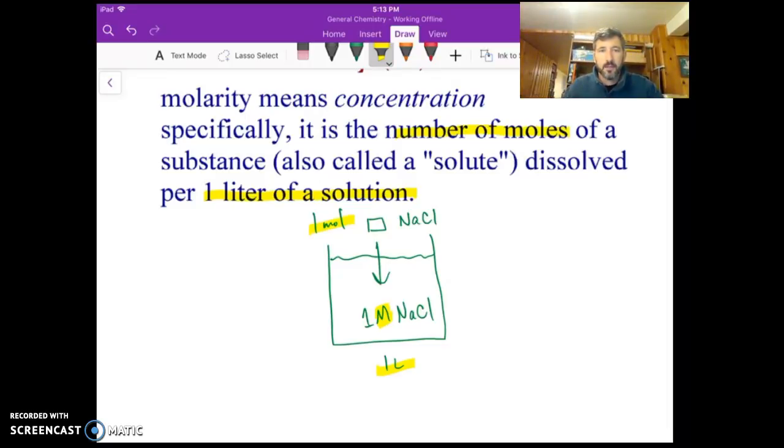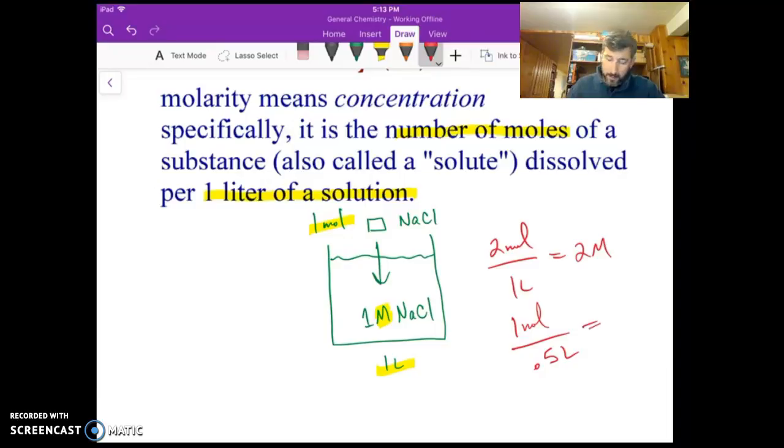If I doubled it but kept the volume the same, then all of a sudden my number of moles is 2, my number of liters is 1. Well, if I have 2 moles in 1 liter, then now I've got a 2 molar solution. If I cut my volume in half and just went with 1 mole, but I only had 0.5 liters of water, then that would still be a 2 molar solution, because 1 divided by 0.5 is 2.